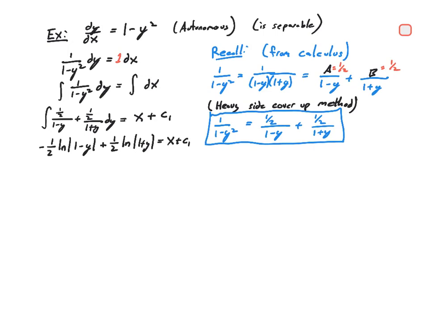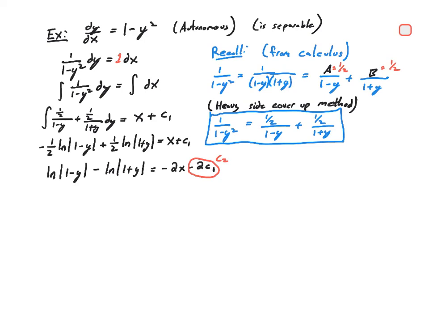So if I multiply everything through by -2, I have the natural log of 1 minus y minus the natural log of 1 plus y is equal to -2x, and now I'm going to have minus 2c1, and I'm just going to call that whole term c2, just to make my life a little bit easier.